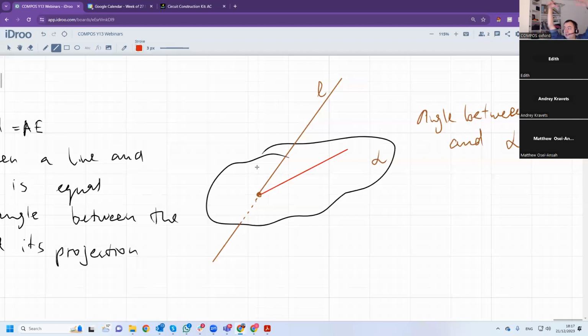If you imagine light falling onto the line from the top, and it makes a shadow, that shadow is called the projection. So let's call it L alpha. L alpha is the projection of L onto alpha. Now the angle between a line and the plane is defined as the angle between the line and the projection. So this is theta.